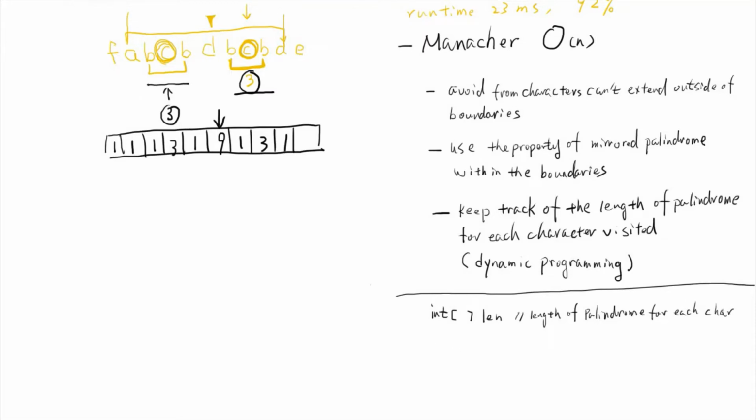Then we need an integer variable to keep track of the center. This is the center of the palindrome which can reach the most right boundary.